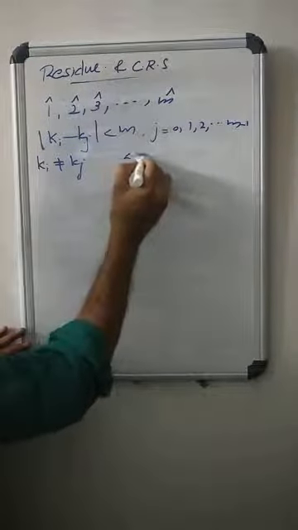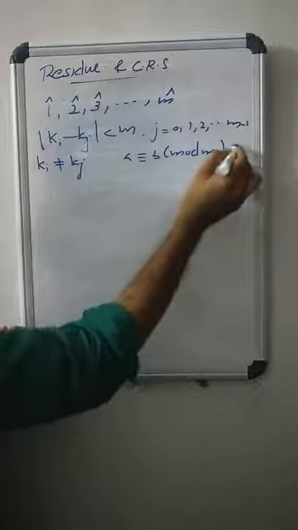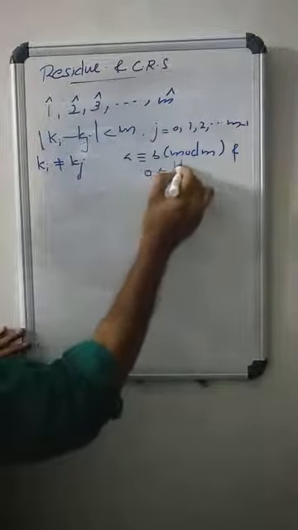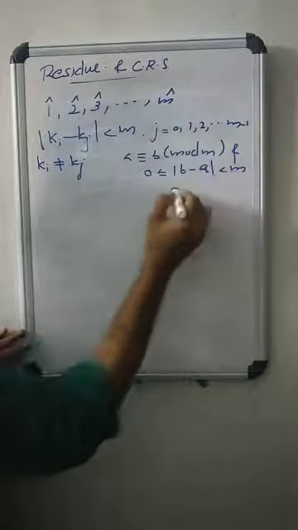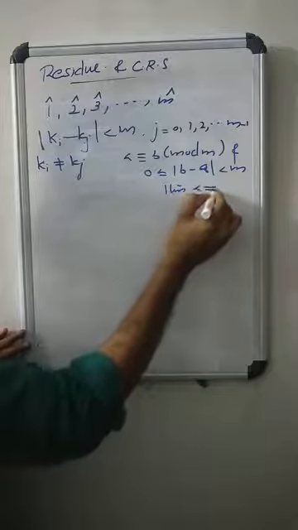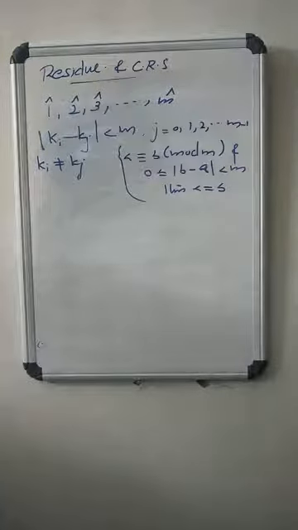Then we have a result. If a is congruent to b mod m and 0 is less than or equal to the modulus of b minus a, which is strictly less than m, then a equals b. So this is a known result.